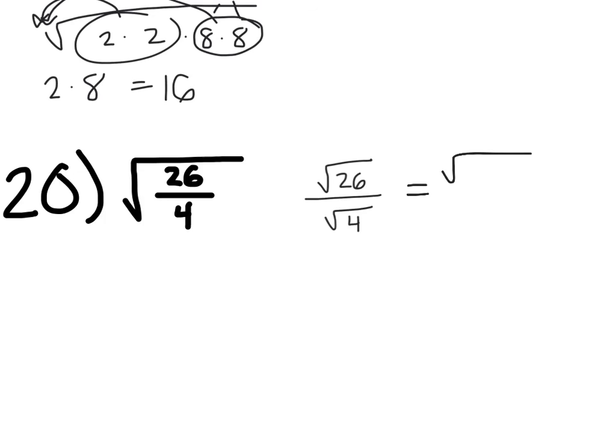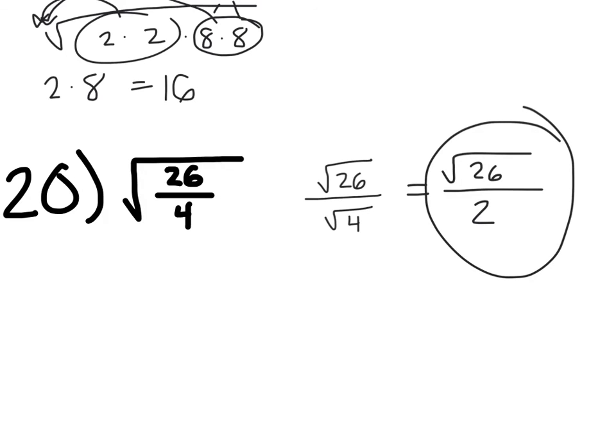So 26 is the simplest form it can be. So we leave this as square root 26. What about the bottom? What's square root 4? 2. So this is our simplest form. You can't solve it because it's not an equation, but we're just simplifying it. So it's giving us a number and we have to simplify it.